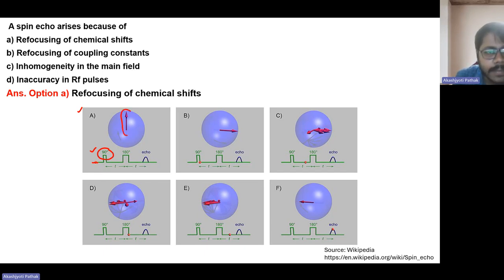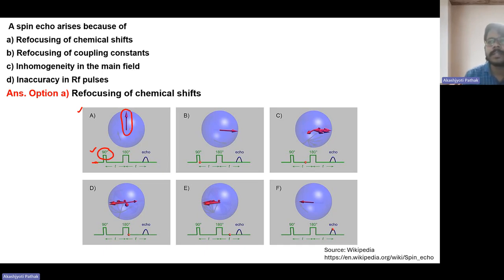This red colored vector pointing along the plus z axis represents the bulk magnetization vector. At equilibrium state, in which direction is this bulk magnetization oriented? It is oriented along the plus z axis, right? The bulk magnetization is the ensemble of all the nuclear spins at their equilibrium state.